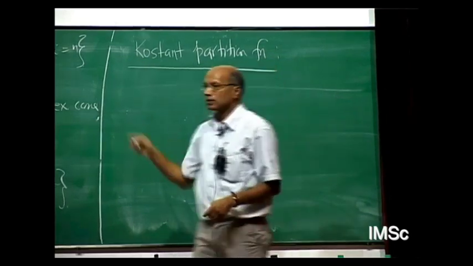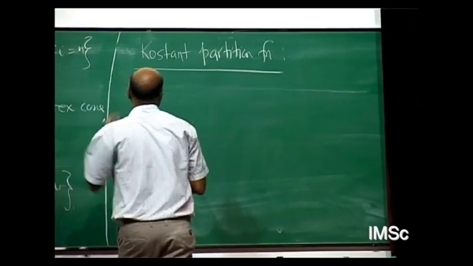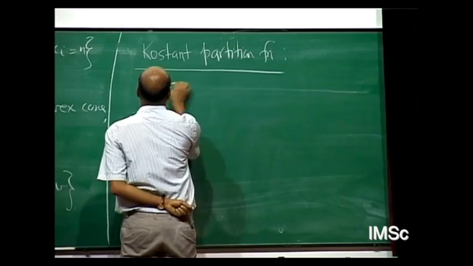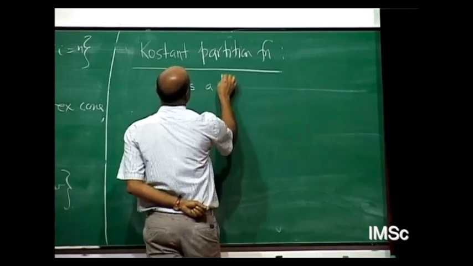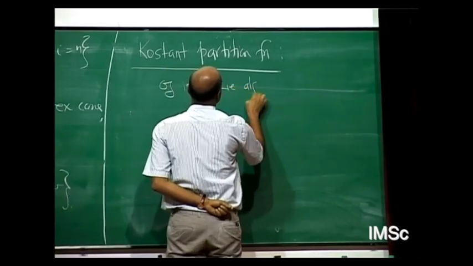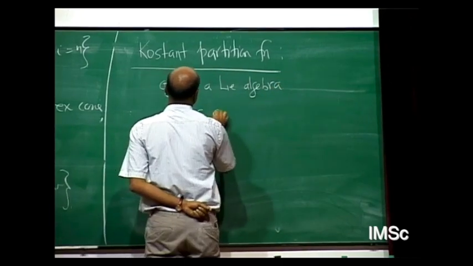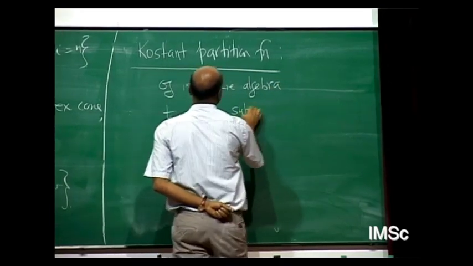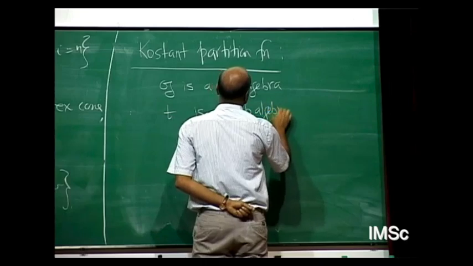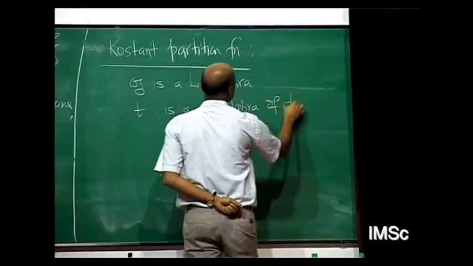So this is a function of this kind. G is a Lie algebra, and T is a subalgebra of, let's say, diagonal matrices.